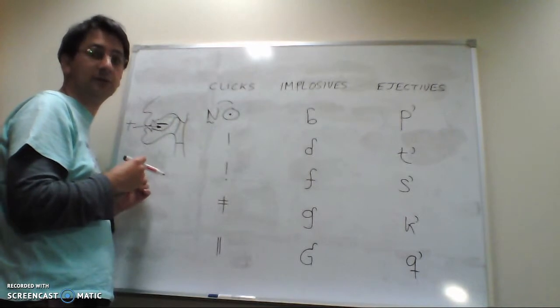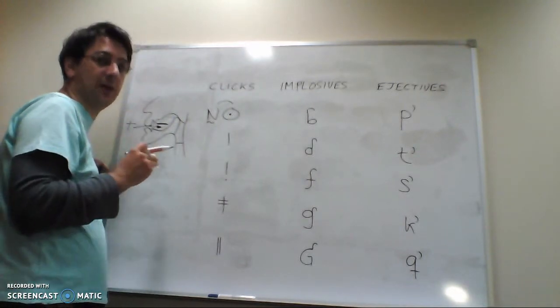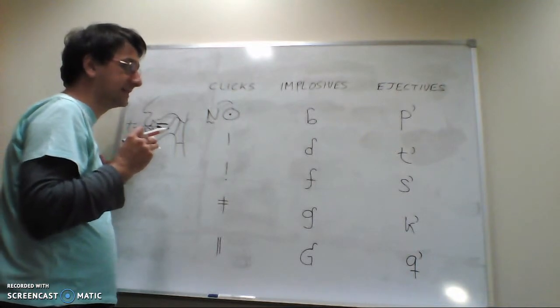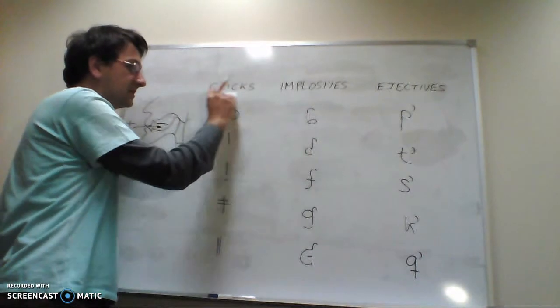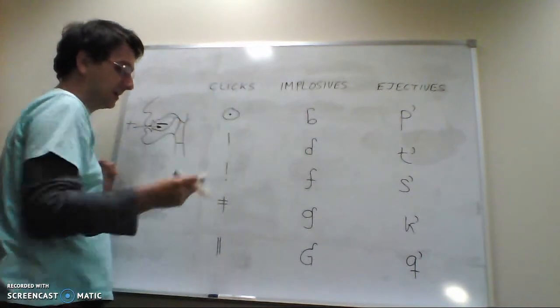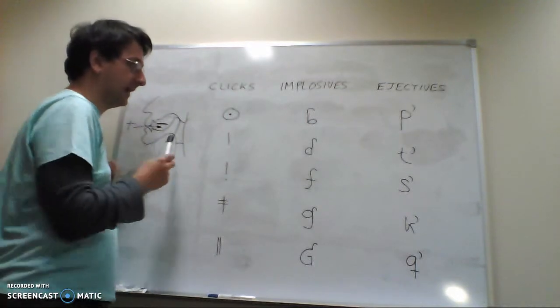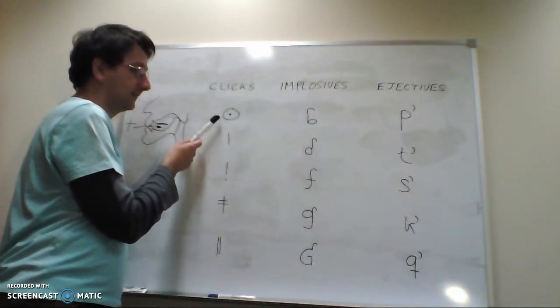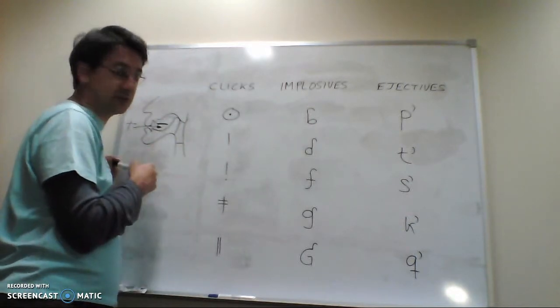So all those things you can transcribe this way if you take clicks as contours, but usually, just for the sake of simplicity, we only specify the place of articulation which corresponds to the front constriction.